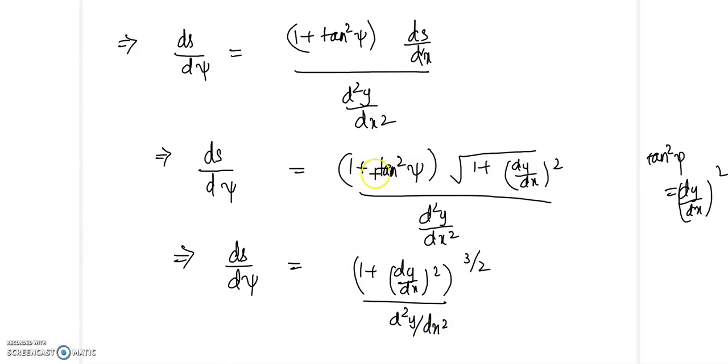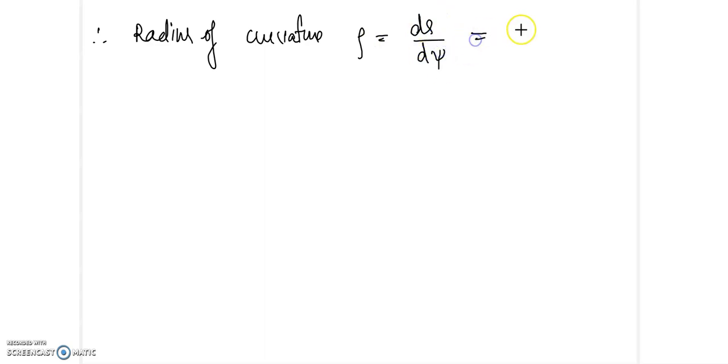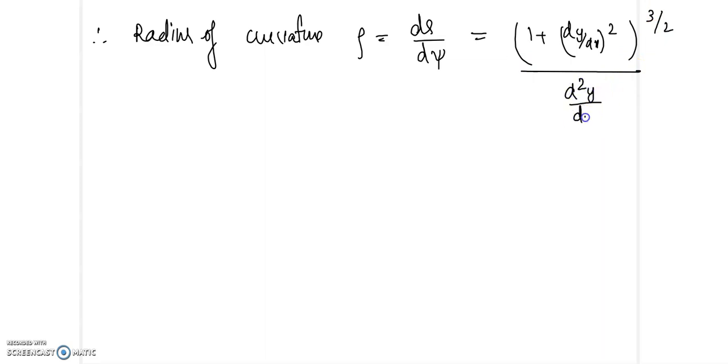So this value will be the value of radius of curvature. So therefore radius of curvature rho will be equal to ds by d psi. So that will be 1 plus dy by dx whole square whole power 3 by 2 by d square y by dx square. So that is the value of the radius of curvature.